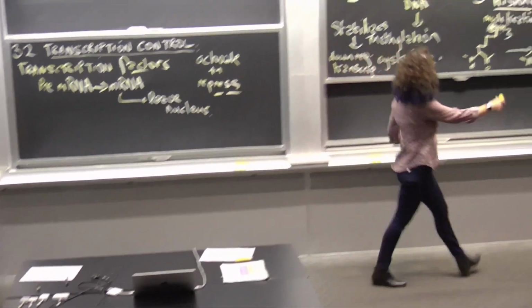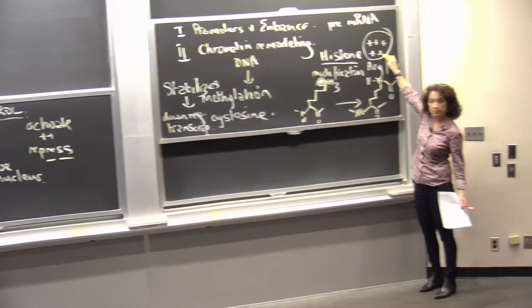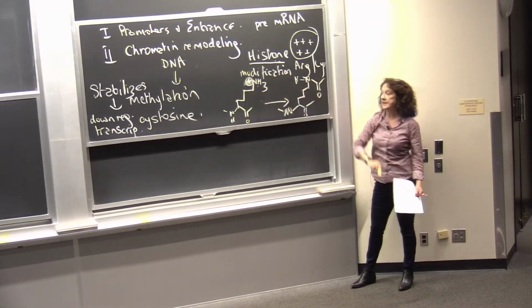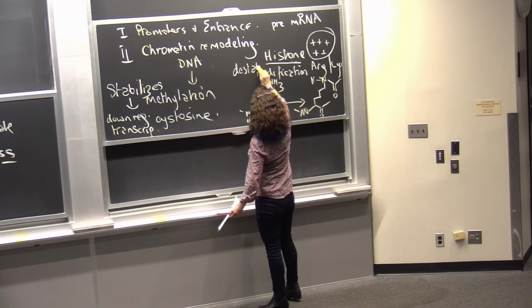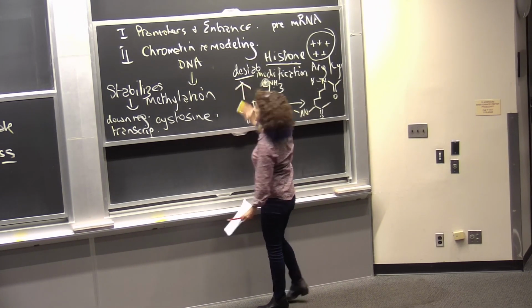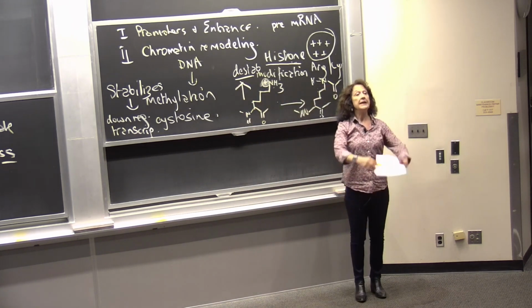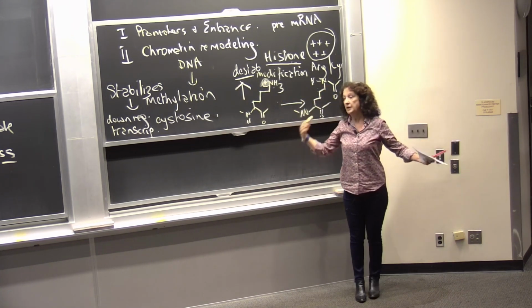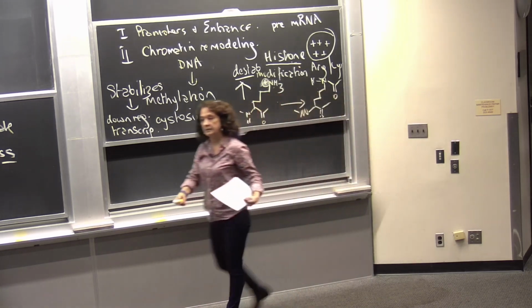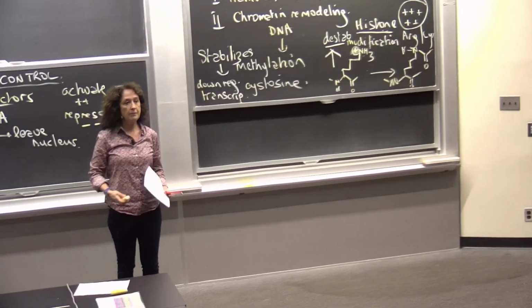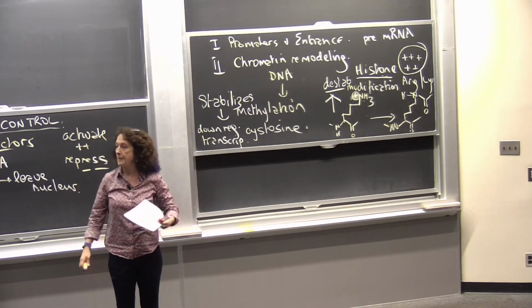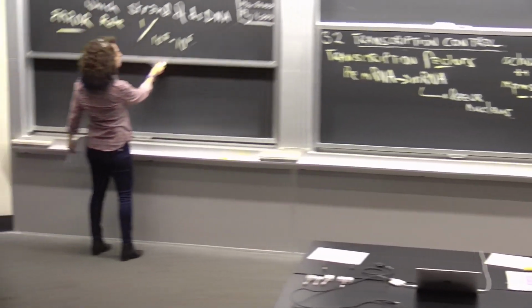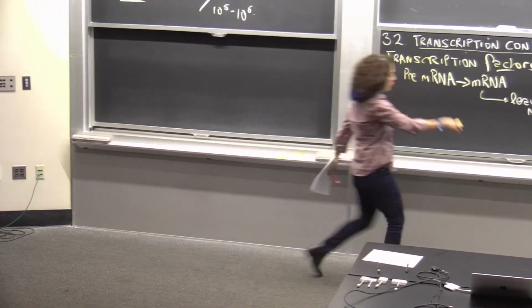In contrast, modification of the histone proteins to neutralize their charges destabilizes and upregulates transcription because it's allowing us to open up the nucleosomes in order to make the DNA available. Does that all make sense? So we have two counterbalances that play in each direction, okay? All right, so that's chromatin remodeling.